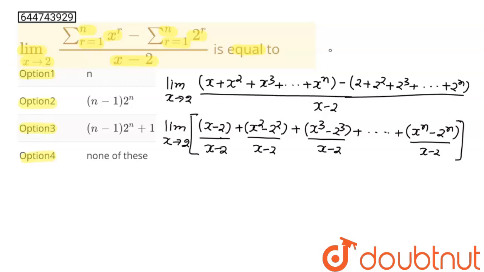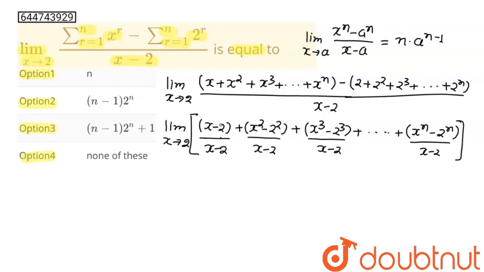What limit will I apply? See, there is one formula: limit x tends to a of x to the power n minus a to the power n upon x minus a is equal to n times a to the power n minus 1.